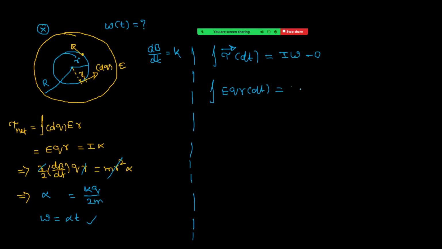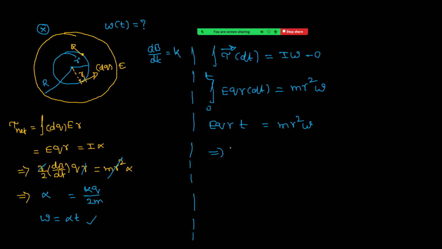I can take EQR outside because it is a constant. I omega, I value mR squared into omega. So I'm taking EQR outside into the integration of dt, taking limits 0 to t. It becomes t. That is equal to mR squared into omega.